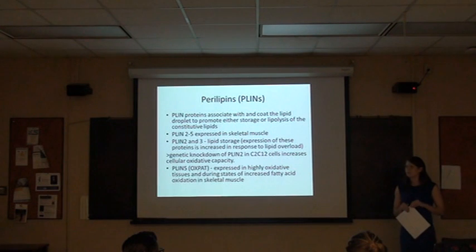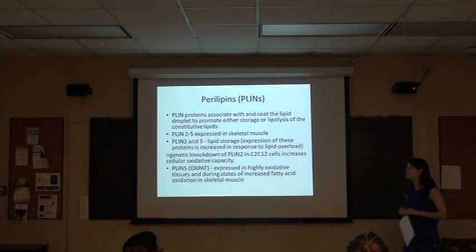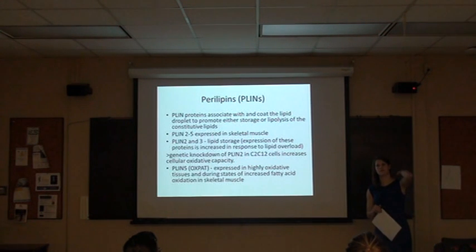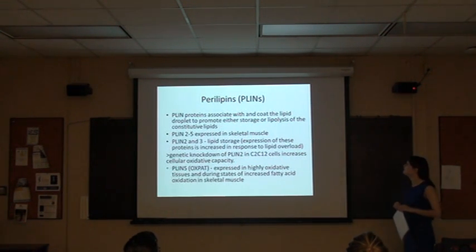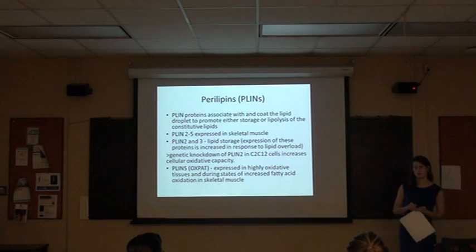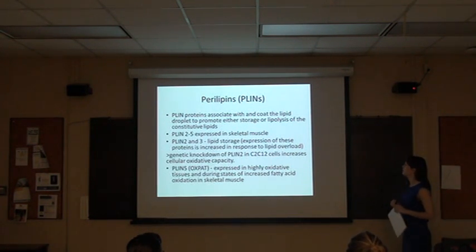So the perilipins, or the PLINs, as I mentioned at the beginning, these are what coat the lipid droplet, and you can kind of think of these guys as the packaging proteins. So they associate with and coat the droplet, like I said, and certain ones either promote lipid storage or lipolysis.